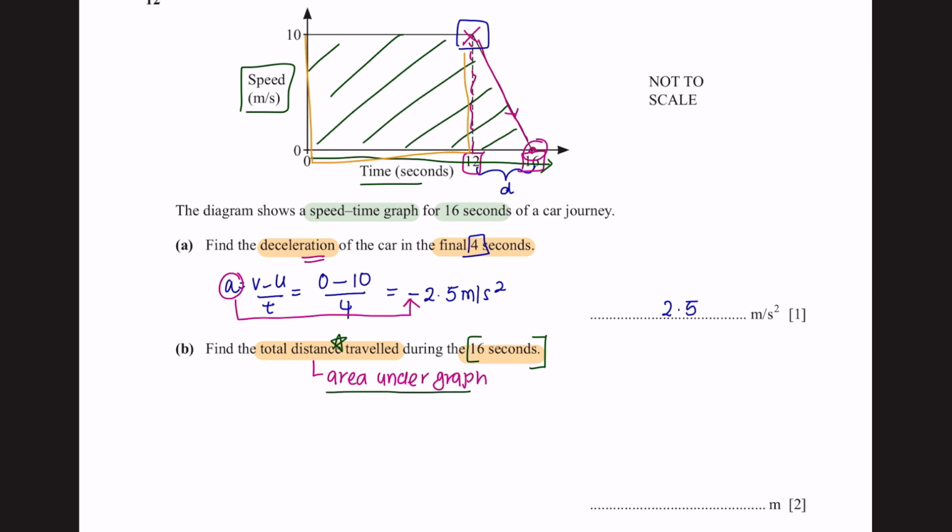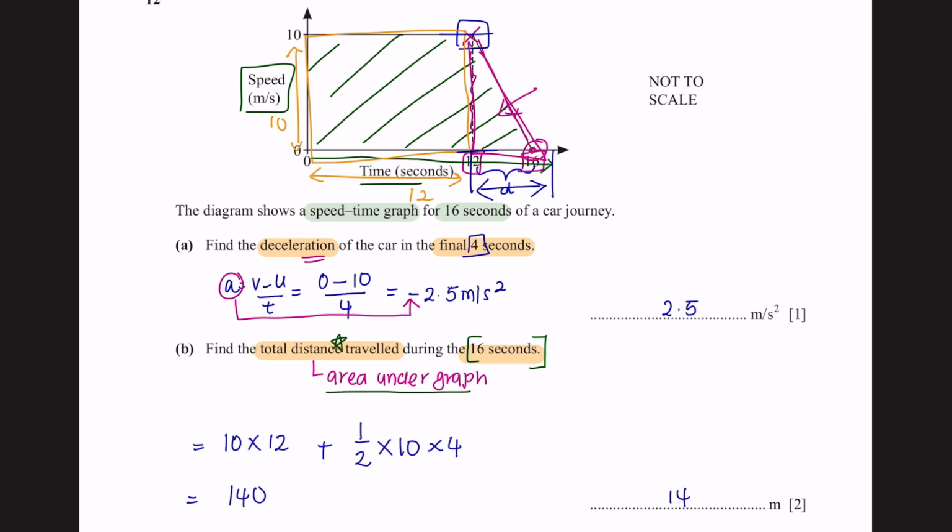This shape is a rectangle, so we're just going to use the height 10 multiplied by the length, which is 12. And then we'll add the triangle over here, which is 1 over 2 times the height, which is the same 10. And this time the length is from 12 to 16, so it will be 4. You will get a value of 140.